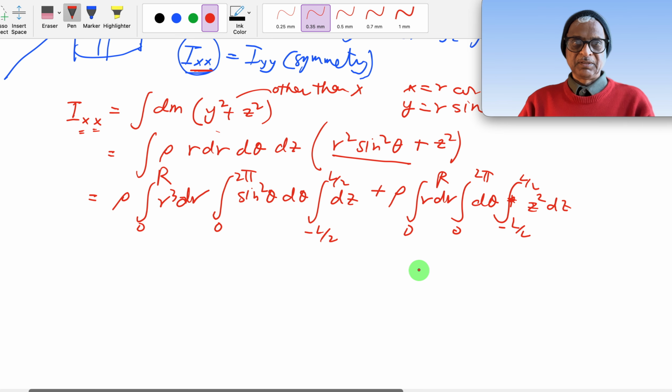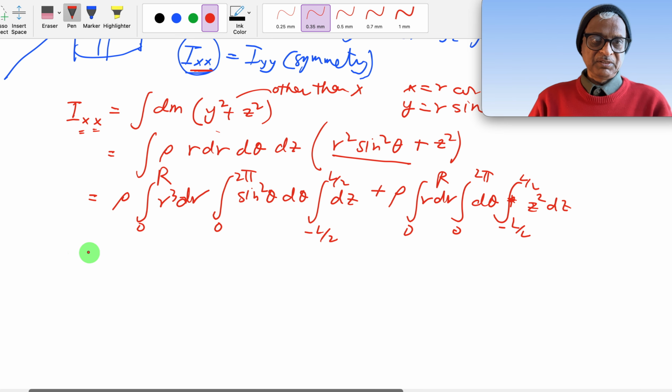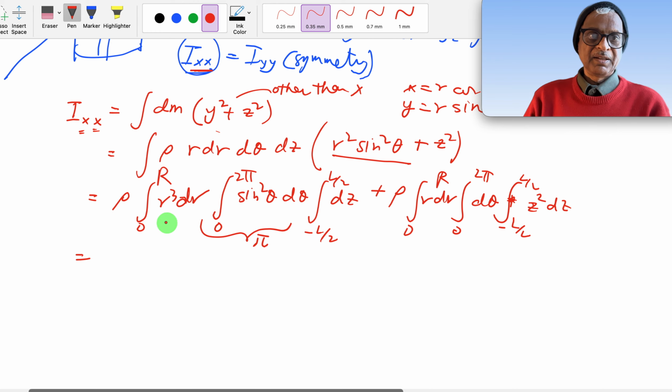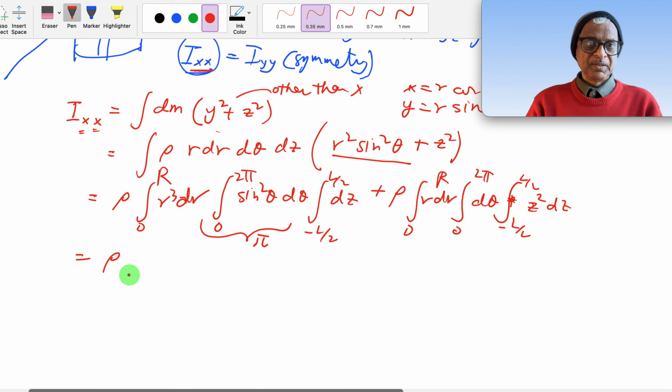Okay. All of these are elementary integrals. This we have already done. This is pi. Everything else is elementary. Rho r to the power 4 over 4 times pi times L.